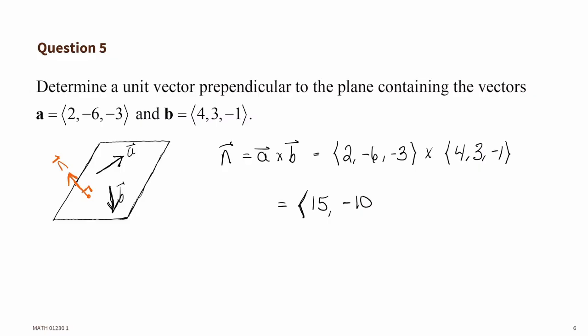Oh, 24, 18, or 19. So you're right. 2 times 3 is 6. 4 times -6 is -24. And 6 minus -24 is 30.